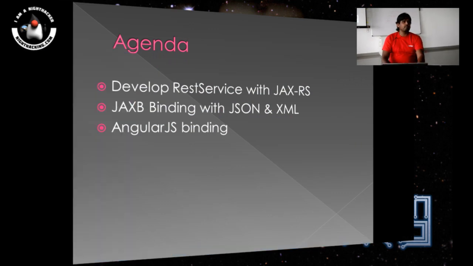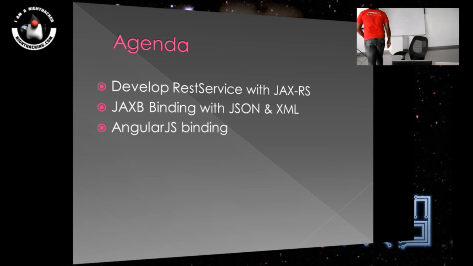Anybody use JAXB binding? JAXB is the Java API for XML binding. Here what we do is we fetch the data from the database and transfer it as a JSON object. JSON you know, right?